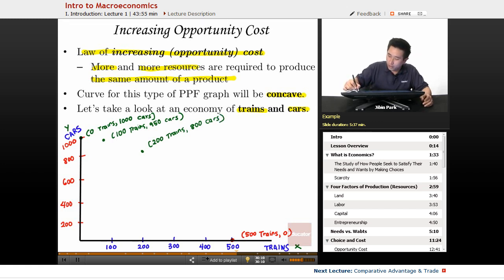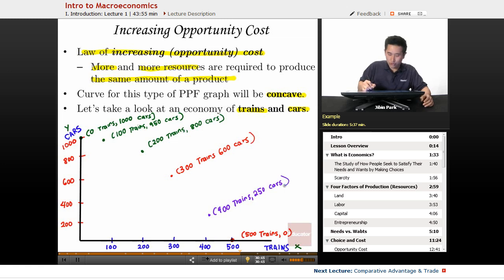And another point on the production possibilities frontier would be 300 trains and 600 cars. And another point would be 400 trains and 250 cars.